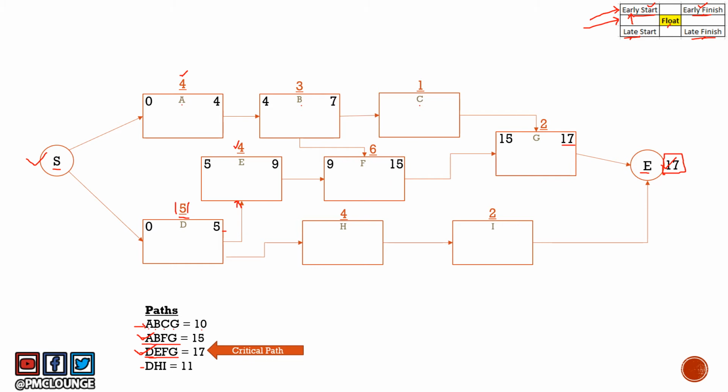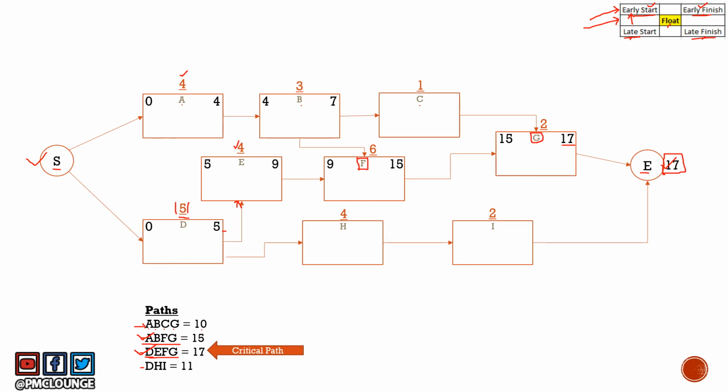So don't go and calculate C right now. F, if you see, is already calculated in the critical path itself. So the activities which are already calculated need not be calculated again. So the path ABFG is done because F and G both were calculated in the critical path forward pass itself. So we are done with A, B, F, G.